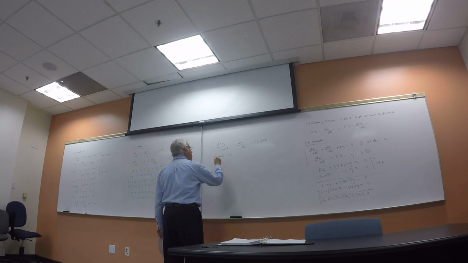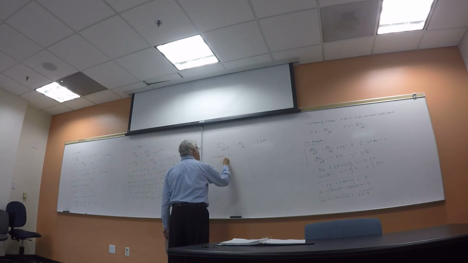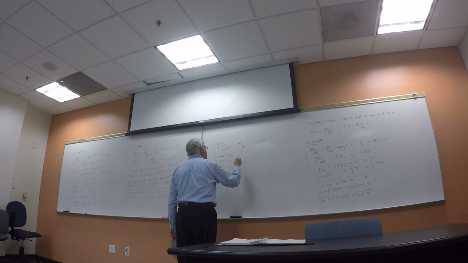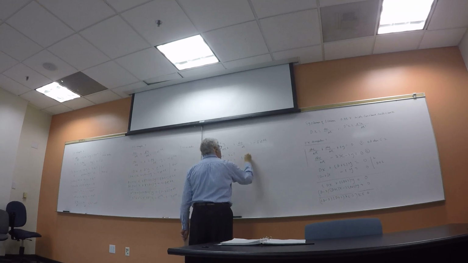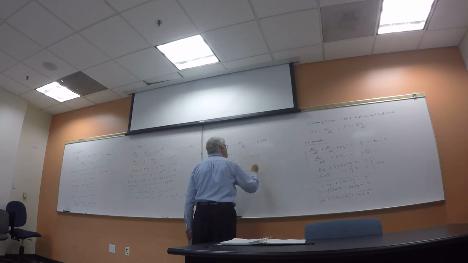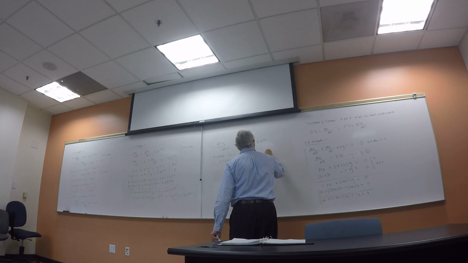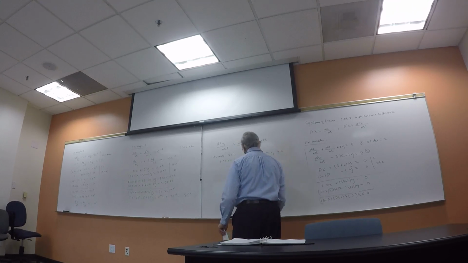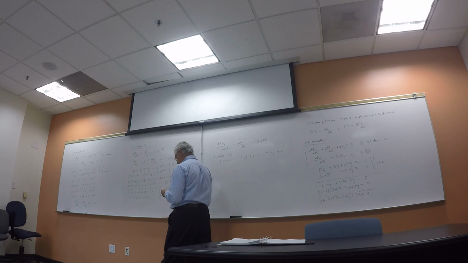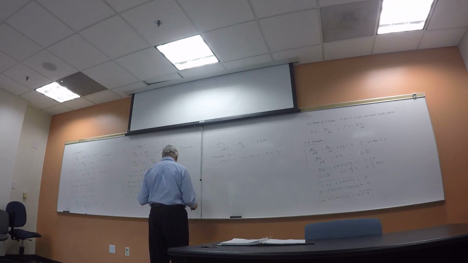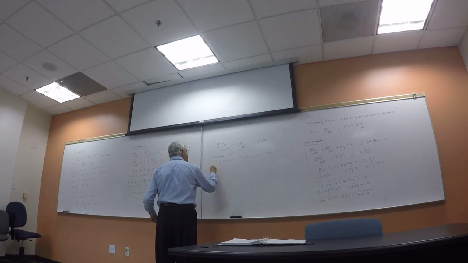The characteristic equation is what? r cubed plus r equals 0, which is really r times (r squared plus 1) equals 0, right? And the three roots are r equals 0, and then plus or minus i. So, what's the complementary solution?